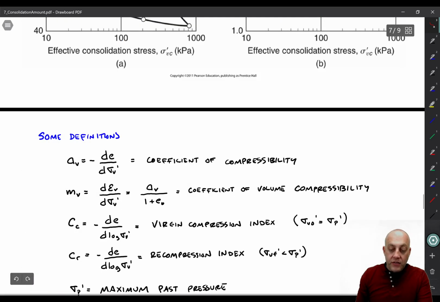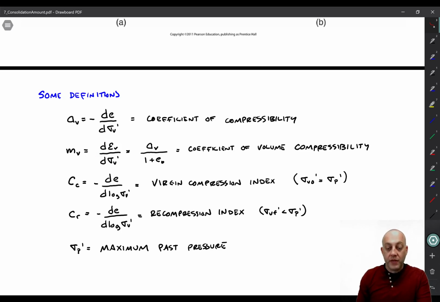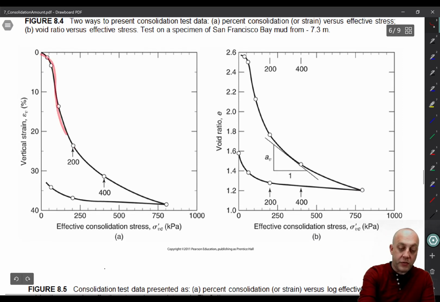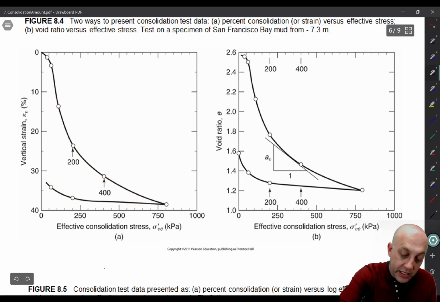Okay, and then there's also M sub v. Whereas A sub v is formulated in terms of void ratio, M sub v is formulated in terms of cumulative volumetric strain. So if we come back up again, this curve now is what we want to look at. This is cumulative volumetric strain versus effective consolidation stress. It's not drawn in here, but I can draw it. So here, I'll draw it right here.